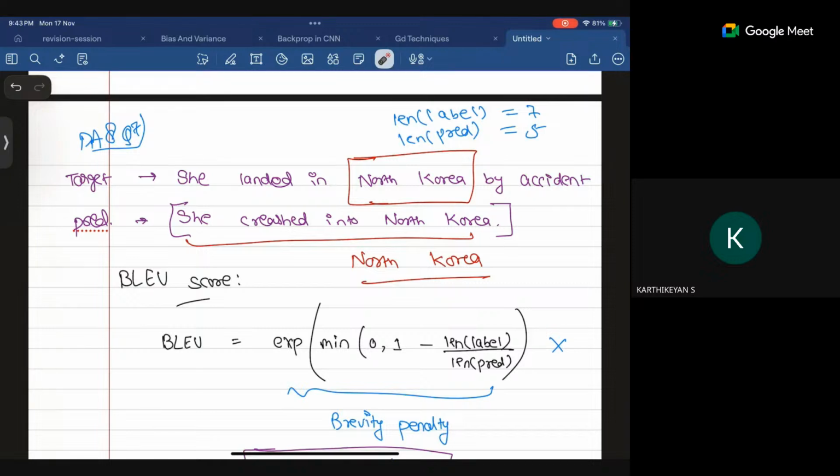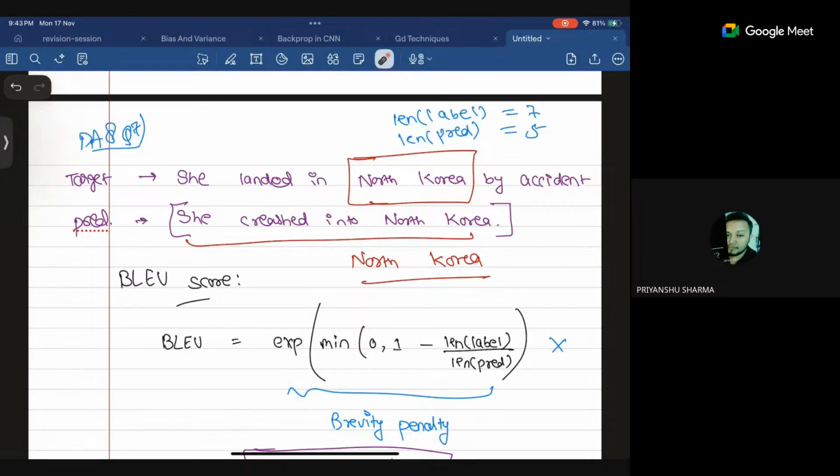Is it greater than half? Is it pred by label or label by pred? Length of label by pred only. Okay. So, sir, what if the predicted sequence is shorter by any chance?